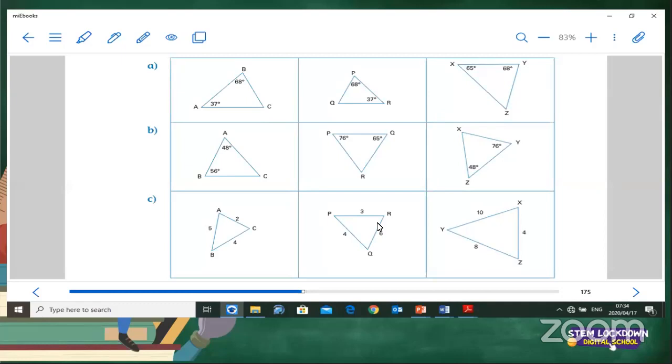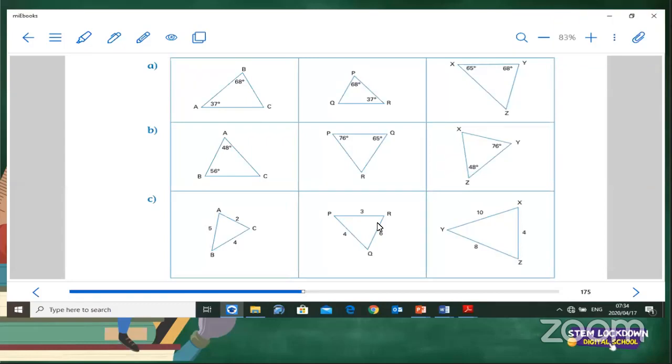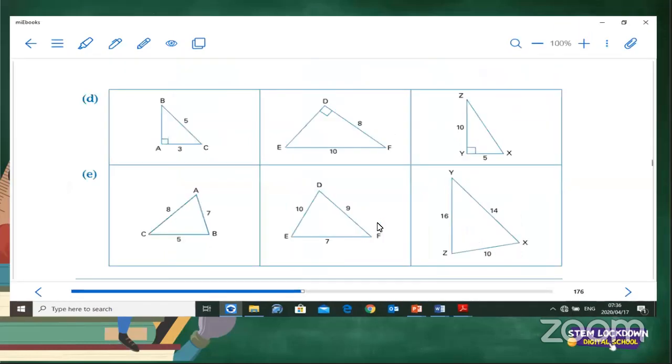Sir, for the last one, number C, are we supposed to use Pythagoras? No, you use proportion. Okay. And of course, you do the same with D and E.